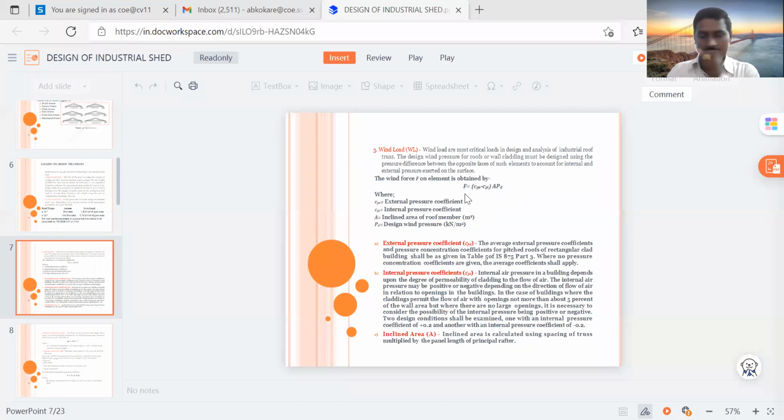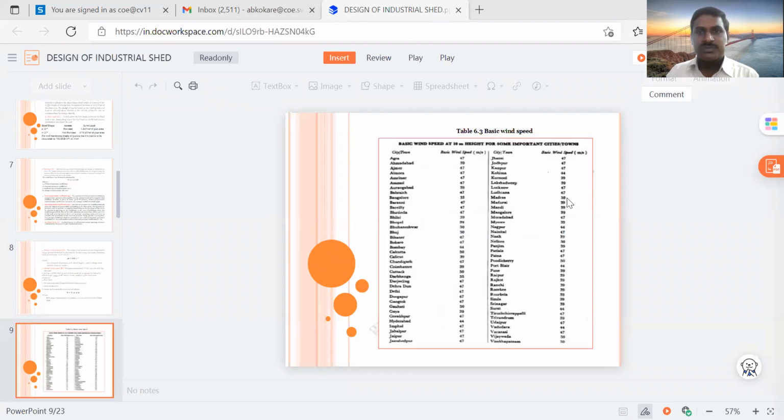And that design wind pressure we can use in the design for wind force. While calculating the wind force, we use the design wind pressure, that is PD. If you see the picture or image here, as we have discussed, for India we have calculated the basic wind speed for each particular city.